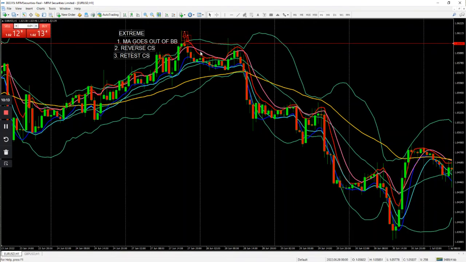The retest candle cannot exceed, cannot close above this price and the moving average, these two moving averages, the MA high. So this is actually the entry point. That is the first signal that the market will change direction.